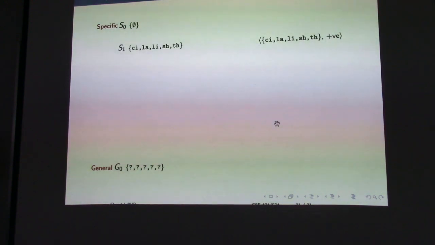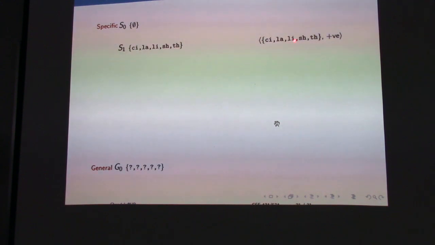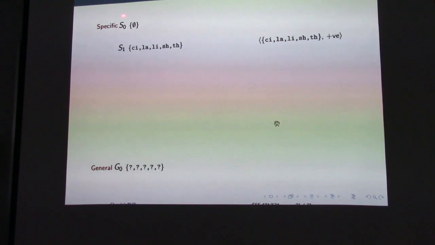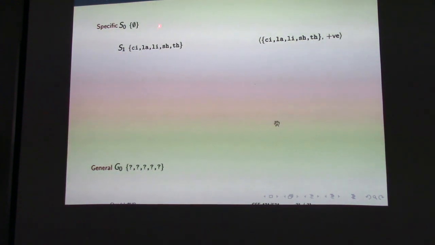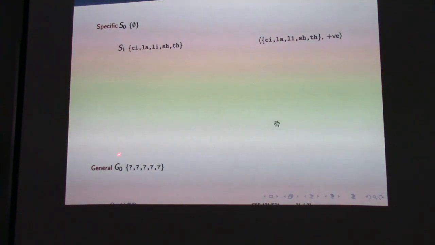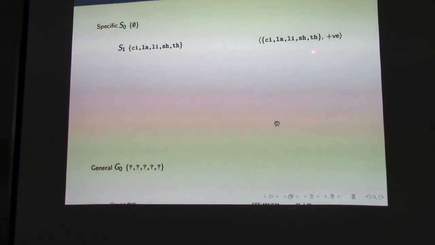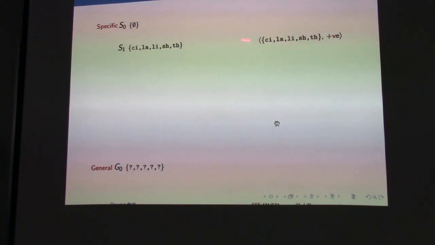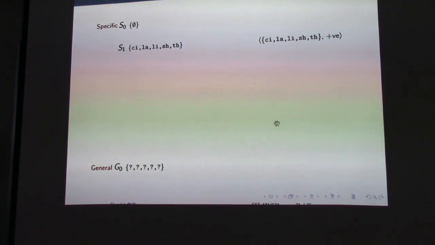For example, first this is a positive example. Initially S0 should be set to all phi, and the general bound should be set to all question marks. When we come to a positive example, we update the specific bound to this one.